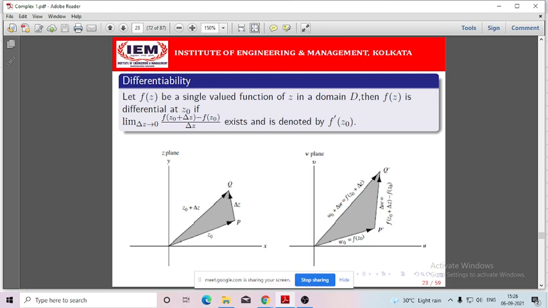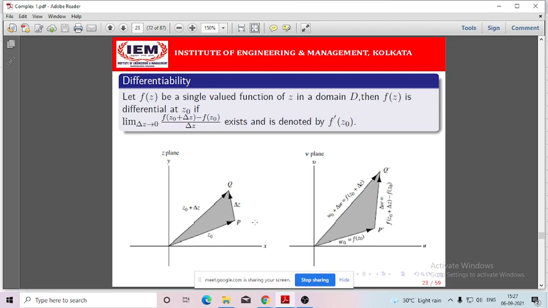In the same manner, Q will also be mapped to a certain point in the w-plane, that is Q prime, which is w0 plus del w, that is f of z0 plus del z. This difference is del w, the difference between the dependent variables. Then this divided by del z, as del z tends to 0, is denoted by f dash z0 if the limit exists.